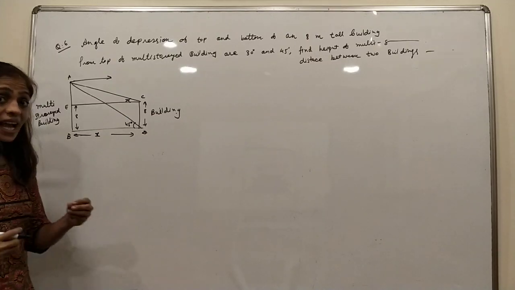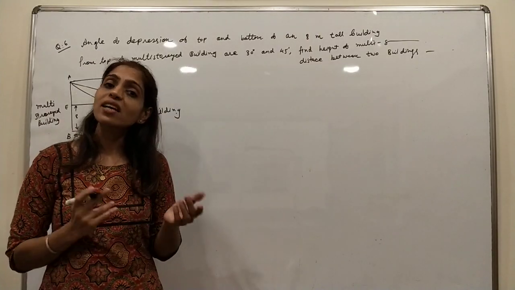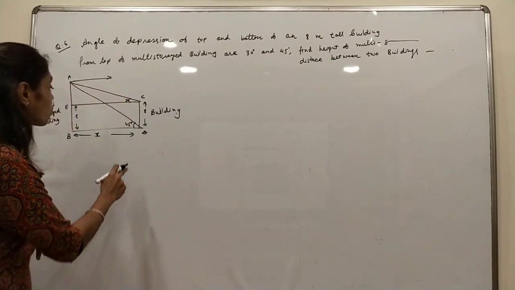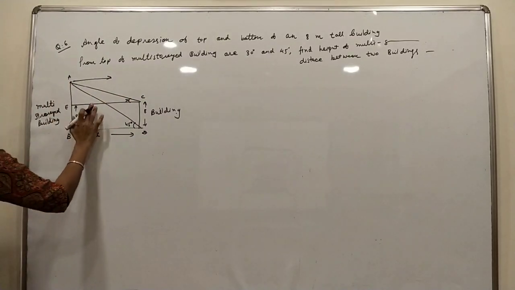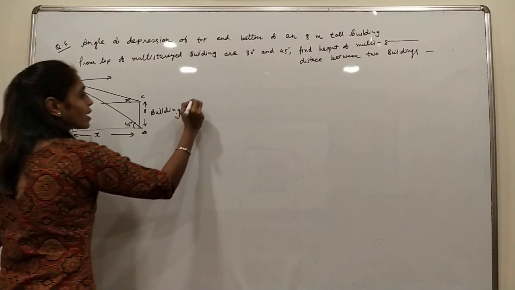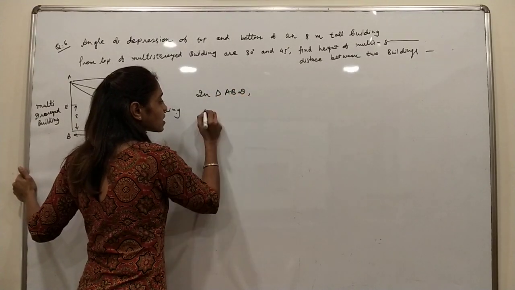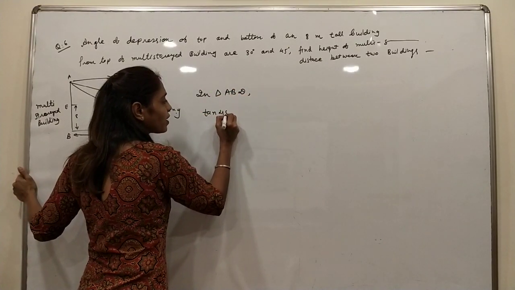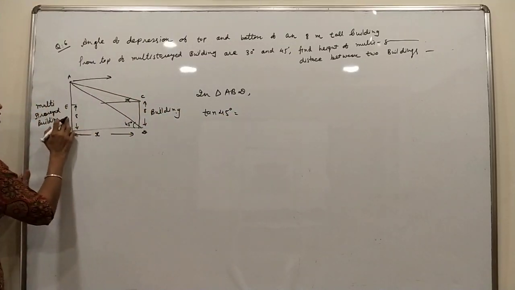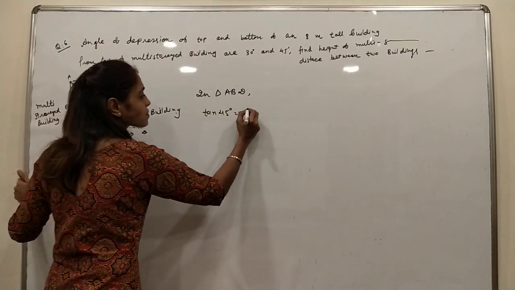Now wherever the angle is, you have to take that triangle. So 45, that is ABD, this triangle. In triangle ABD, tan 45 degrees is AB upon BD.